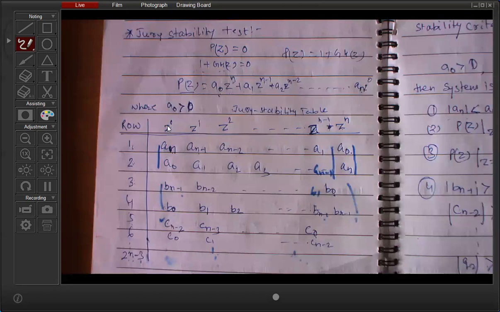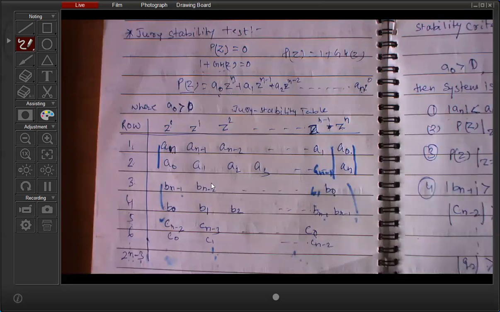That means the coefficient of z to the power 0 is an, then an minus 1, an minus 2, like that. So we write the coefficients in ascending order, and then in the second row you just reverse the coefficients. That means now the coefficients start from a0, a1, a2, like that, up to an.